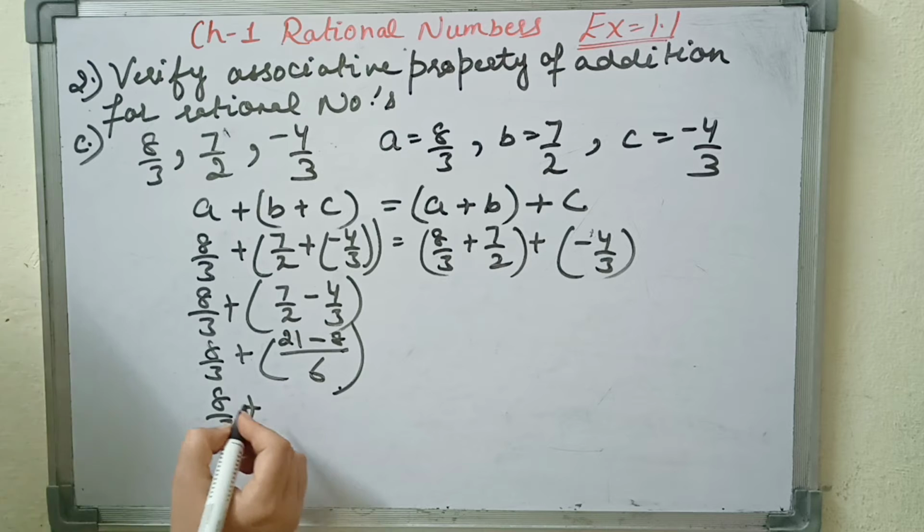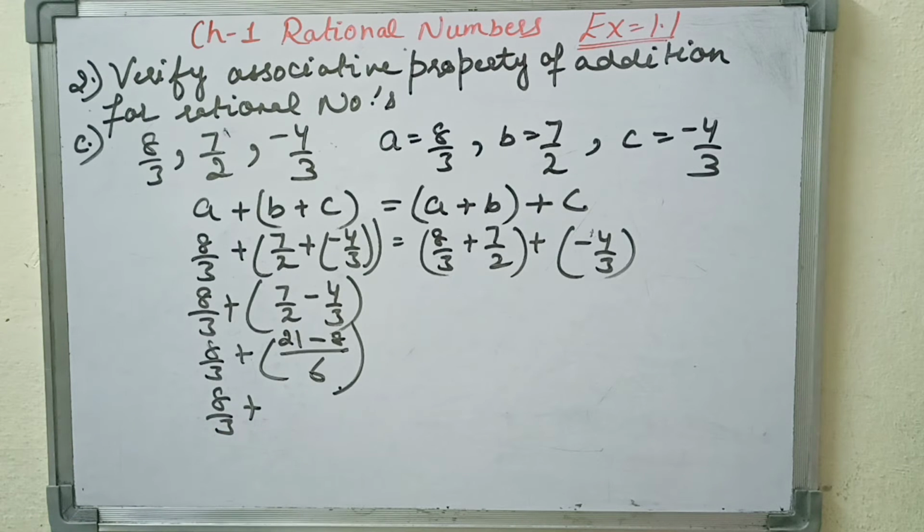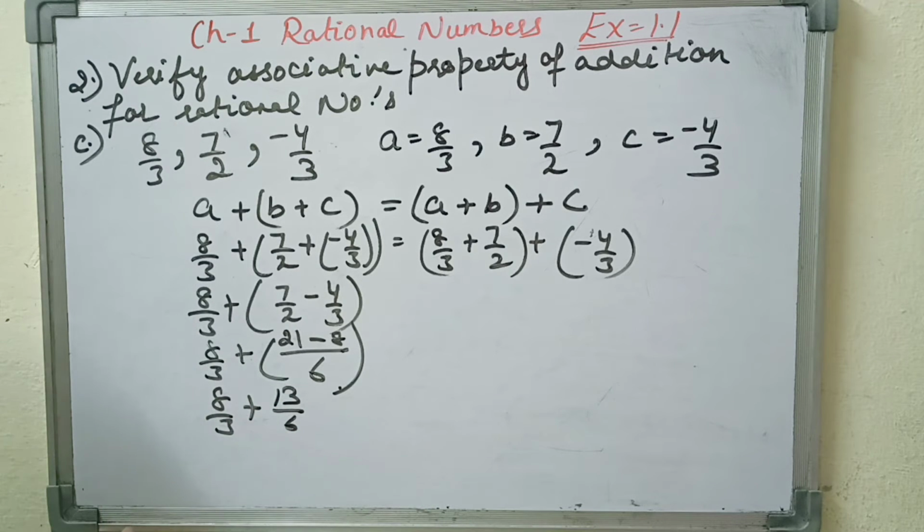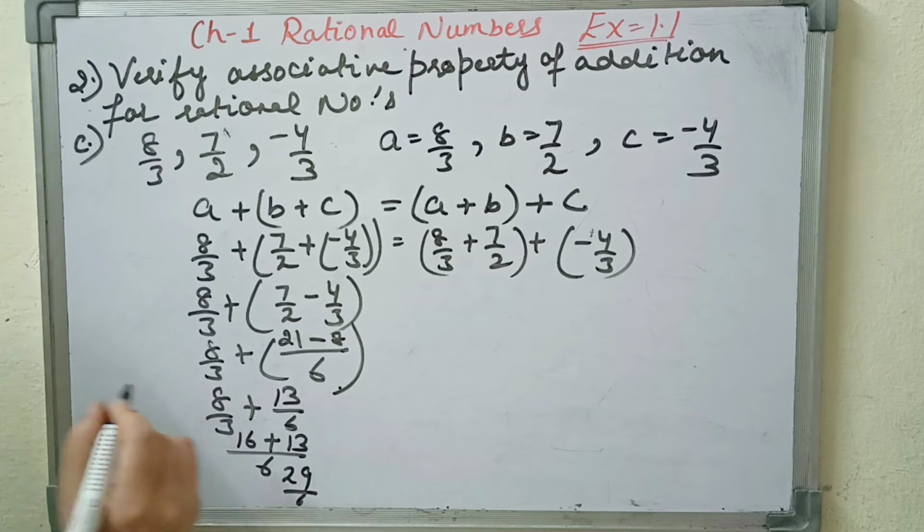Now, 8 over 3 plus 21 minus 8 is 13, so 13 over 6. Now, again I take the LCM of 3 and 6. It is 6. 3 twos are 6, and 2 eights are 16. 6 ones are 6, and here is 13. Now add 13 and 16. We will get 29 over 6.